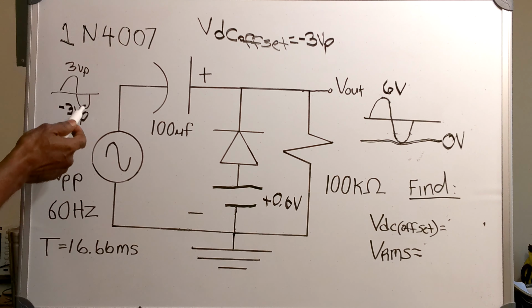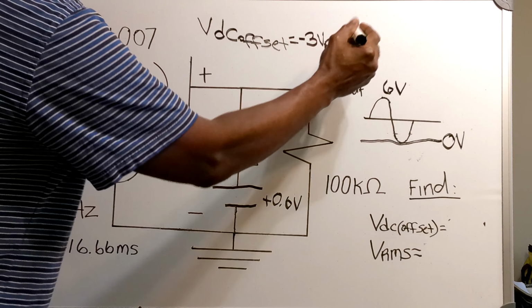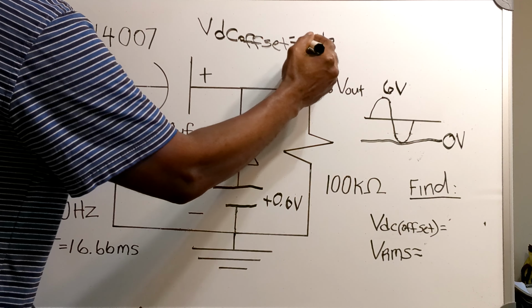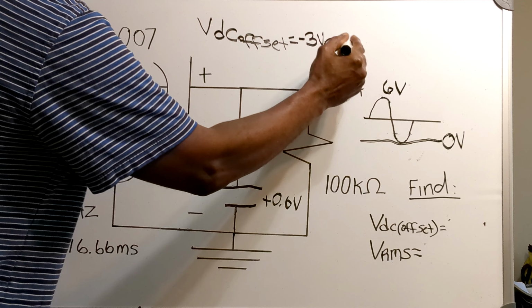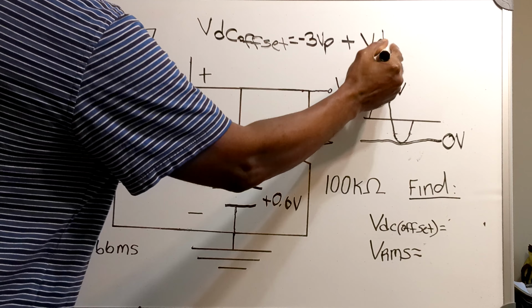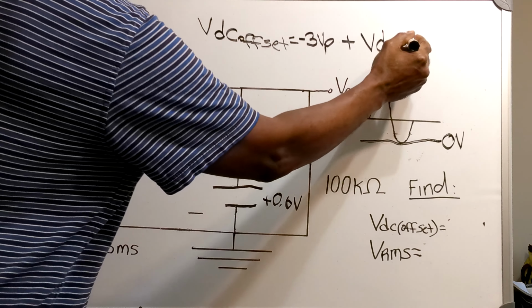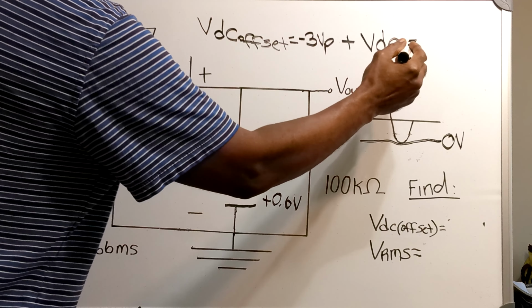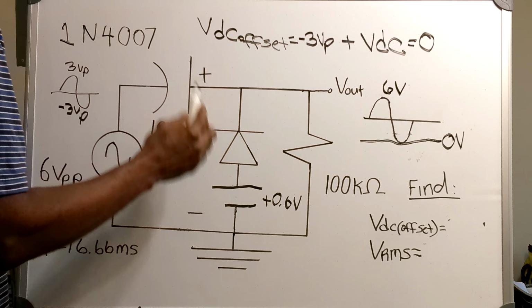Okay, so I'm raising this up. So it will be minus 3 volts peak plus VDC equals 0.